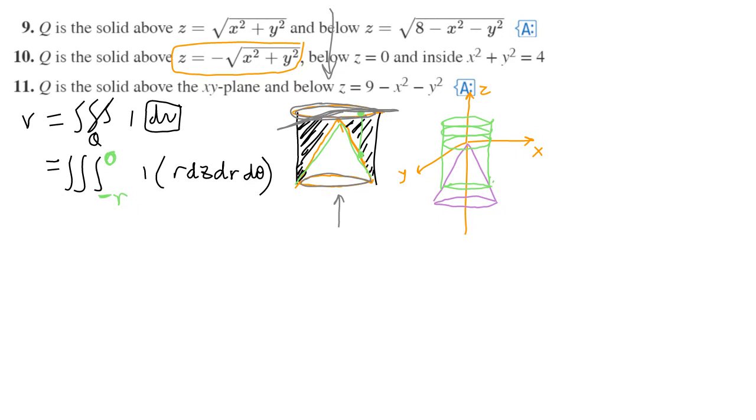It's stated clearly inside this circle, R squared is 4, therefore R is 2. So R between 0 and 2. No limits for the circle, so from 0 to 2 pi.